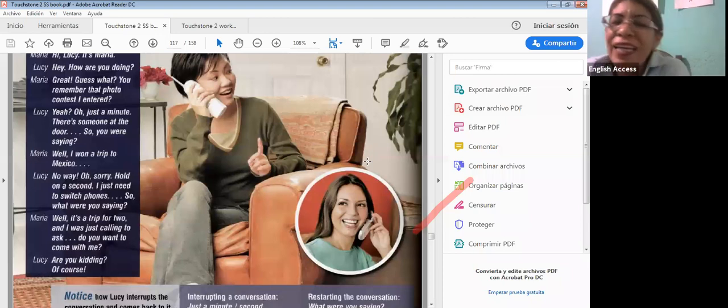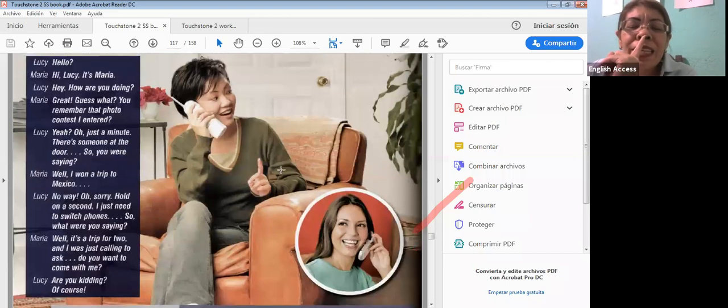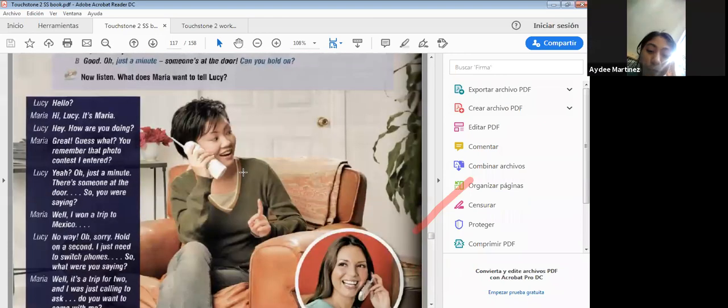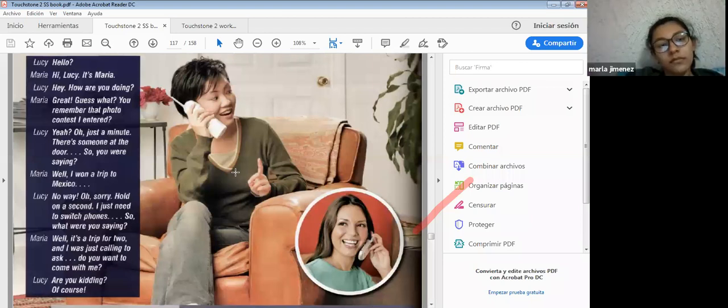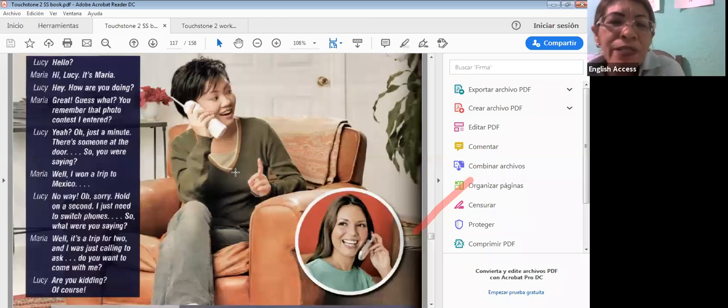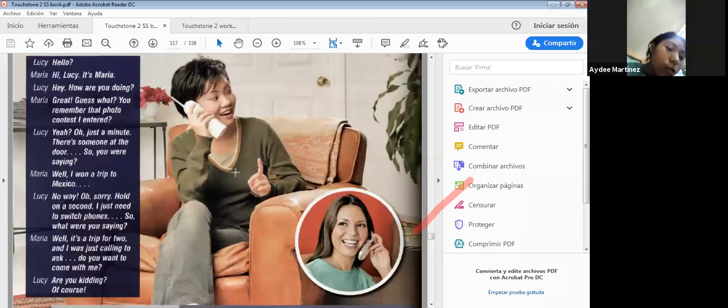Correct. If you pay attention in this conversation, Lucy interrupts the conversation, but she's using some expressions. Can you tell me the expressions that she was using to interrupt the conversation? Oh, sorry.